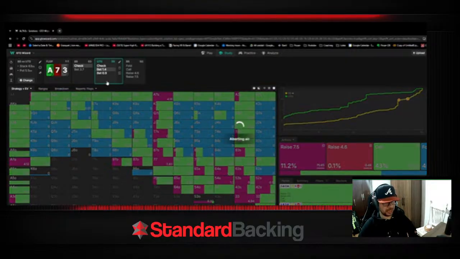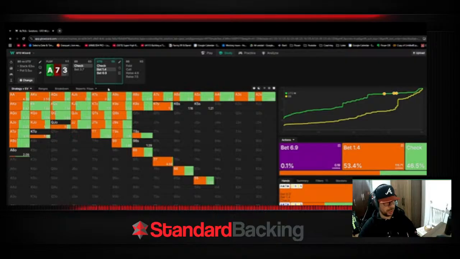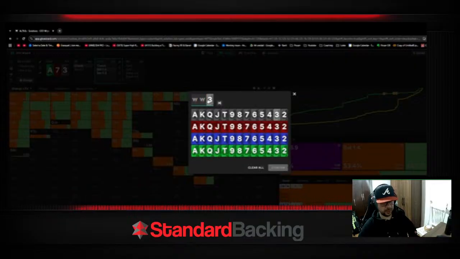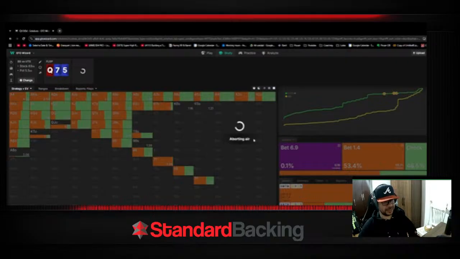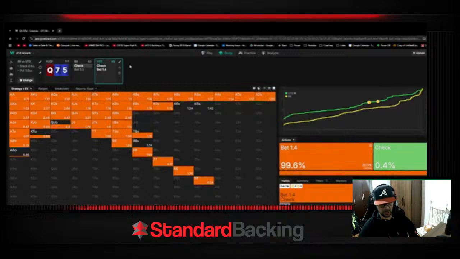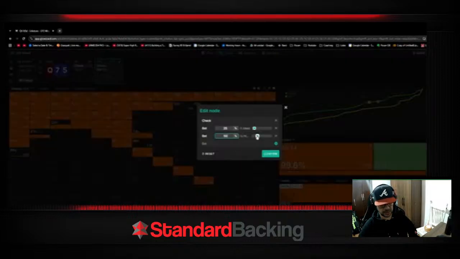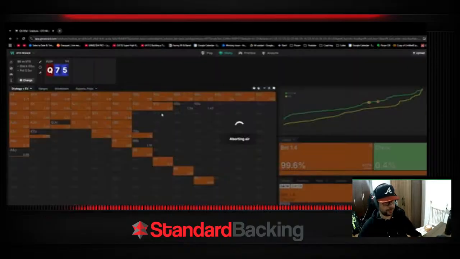Also here we can check what happens on another kind of board, a little bit more of a big size check probably from the big blind, because it is just going to have small size. Nice. And here we can go, okay, what happens if we add big size, which probably is not going to like the big size because it's covered and it doesn't want to blow up the pot.